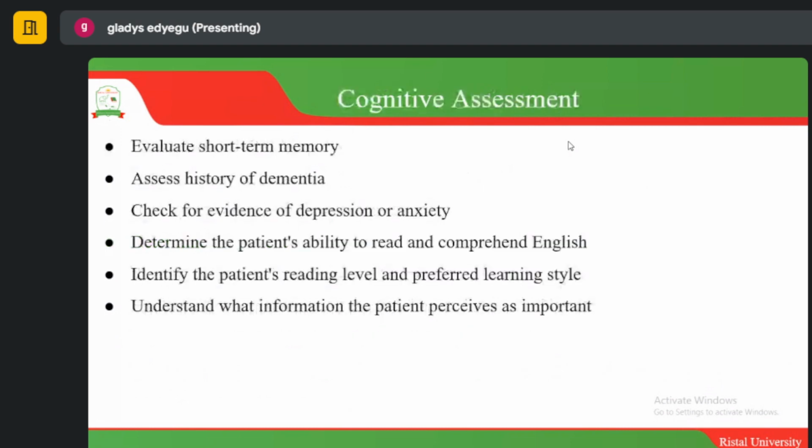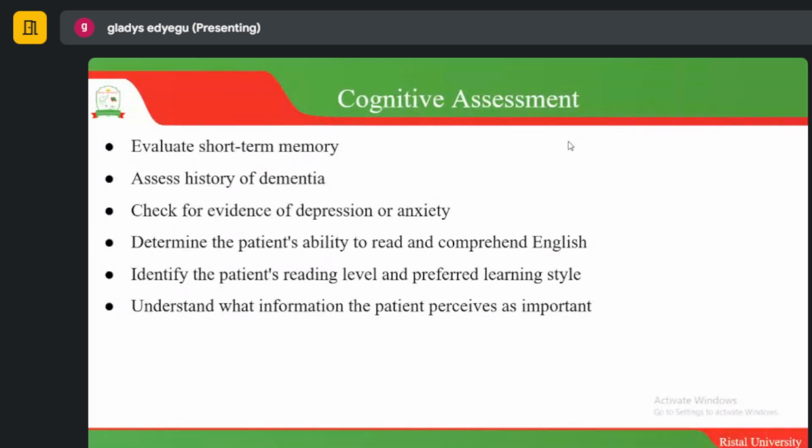Then cognitive assessment: evaluate short-term memory, assess history of dementia, and check for evidence of depression or anxiety. Determine the patient's ability to read and comprehend English or any other language that the patient is able to read, then identify the patient's reading level and preferred learning style.